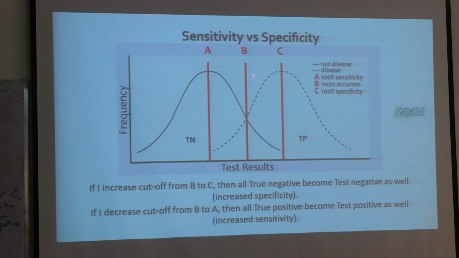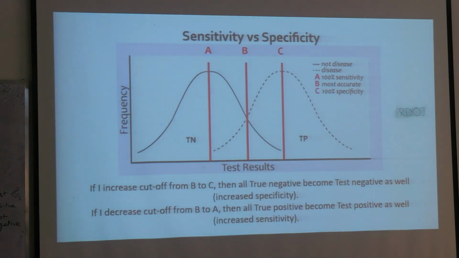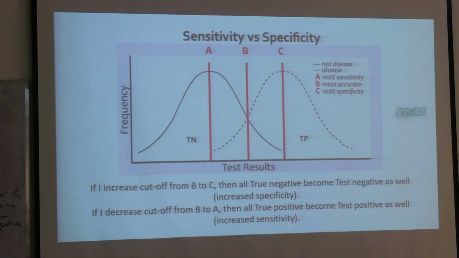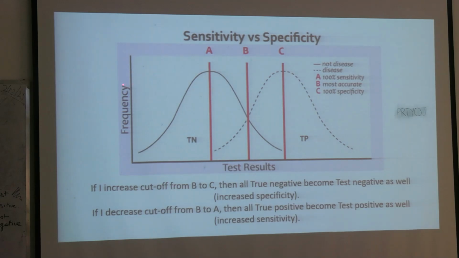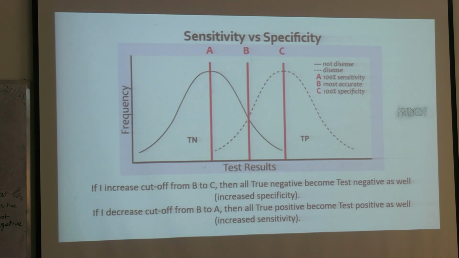Again, if I decrease from B to A, yes, all the diseased will be detected as diseased, but many non-diseased will also be detected as diseased, because my cutoff is decreasing. So then the false positive will increase. So my errors are increasing.